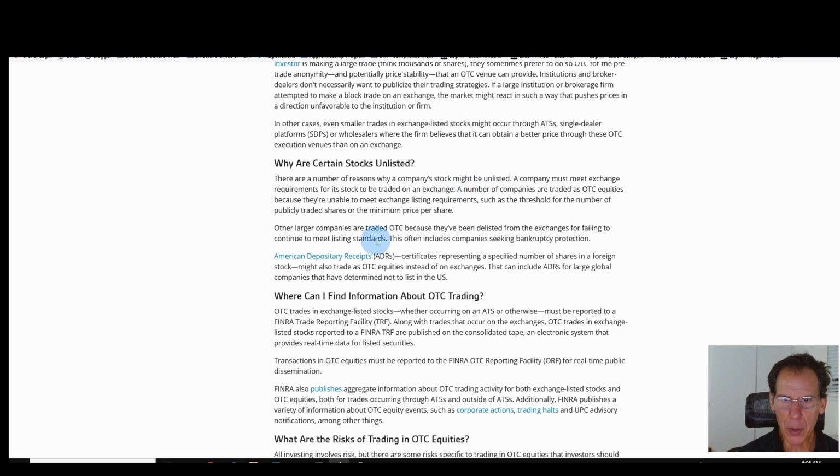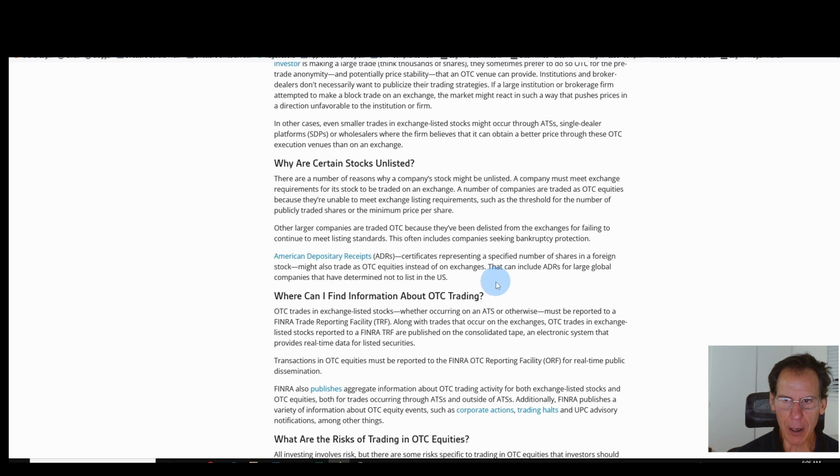Other large companies are traded OTC because they've been delisted from the exchange for failing to continue to meet listing standards. These often include companies seeking bankruptcy protection. ADRs, American Depositary Receipts, certificates representing a specified number of shares in a foreign stock, might also trade as OTC equities instead of on an exchange.